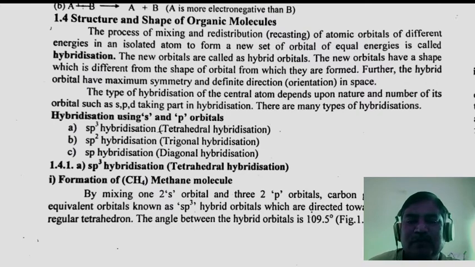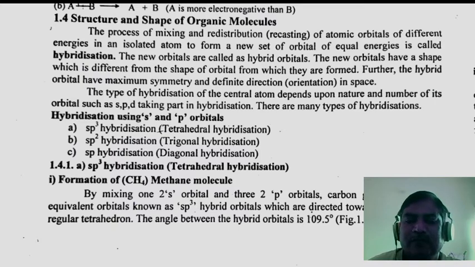So these atomic orbitals have different energies. Second thing, the shape of these atomic orbitals is also different, and the shape is simply termed as the symmetry of the atomic orbital. That is, s, p, d and f have different shapes as well as energies, and whenever these atomic orbitals are combined, the process is called hybridization.